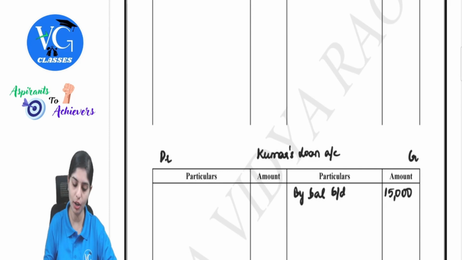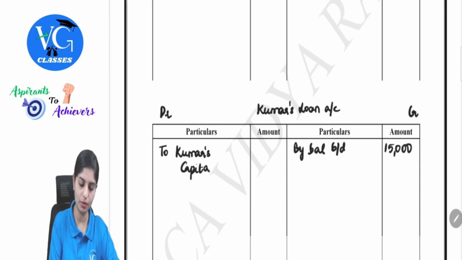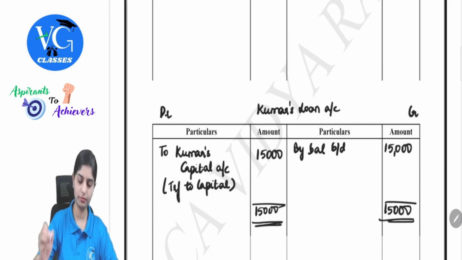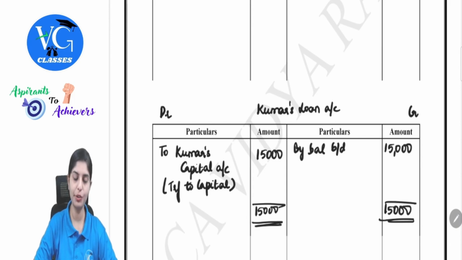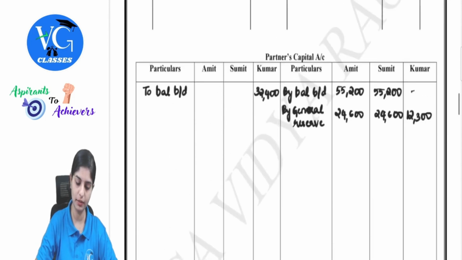We understood this in the concept. 15,000 to Kumar's capital account, 15,000. So Kumar's loan to Kumar's capital. So by Kumar's loan 15,000.